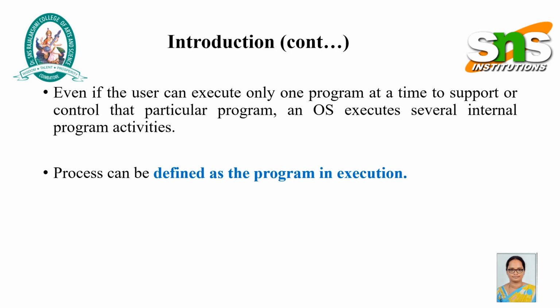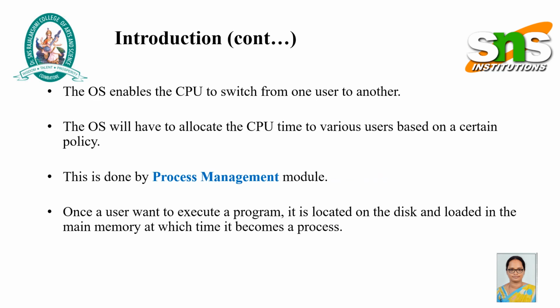Even if a user can execute only one program at a time, to support and control that particular program, the OS executes several internal program activities. Process can be defined as the program in execution. So we can call a process a program in execution. The operating system enables the CPU to switch from one user to another.